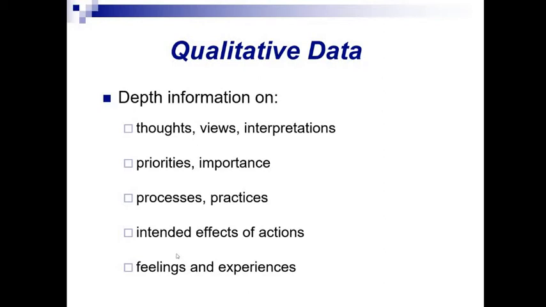Like say, for example, if you would want to make a study of school leaders in relation to their priorities set in mitigating the effects of COVID-19 on the school experiences of our learners, then probably you can ask the school heads what is considered to be most and least important for them in terms of the priorities set in mitigating the effects of COVID-19 in education, right? So that is one study you can do by looking at the priorities and importance that we can gather from qualitative data.